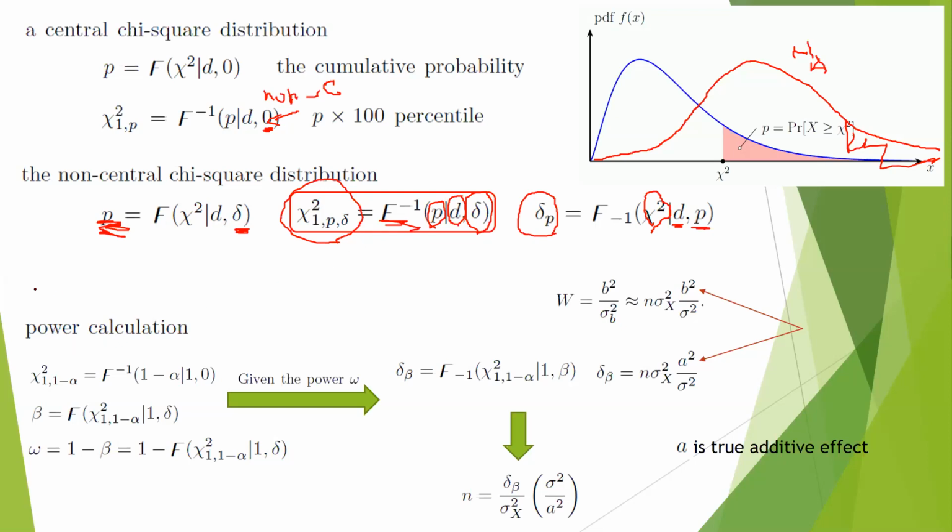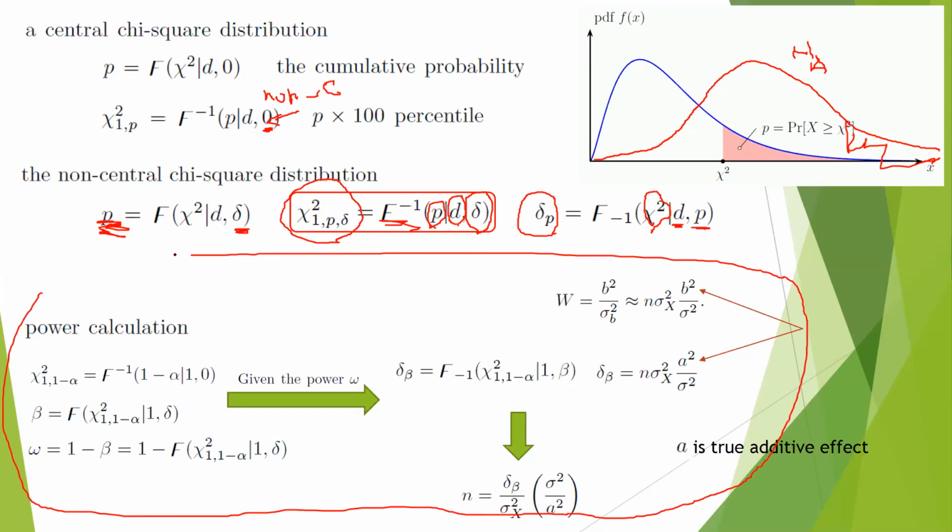All right, so next time we're going to talk about how to use this to help us do some calculation related to power, because this is very important. This is another important topic in statistics, in experimental design. In the future when you become a PI, if you want to write a proposal to get money support from either NIH or NSF, you need to show the plan, right?